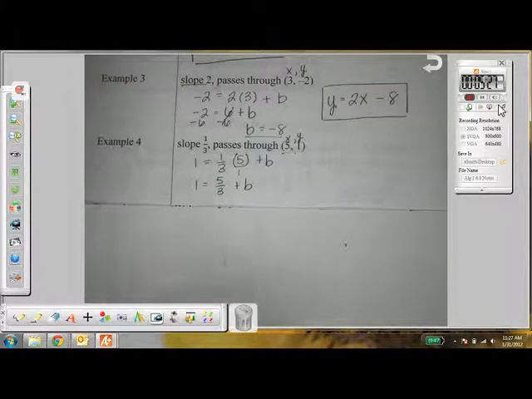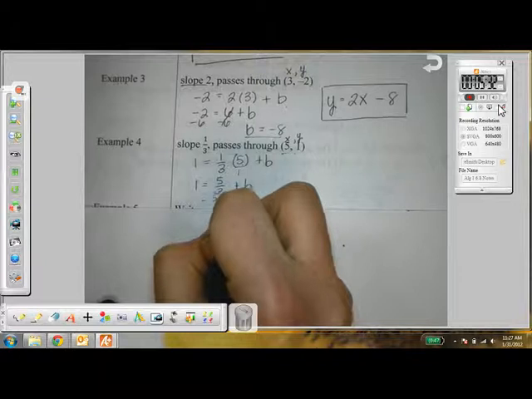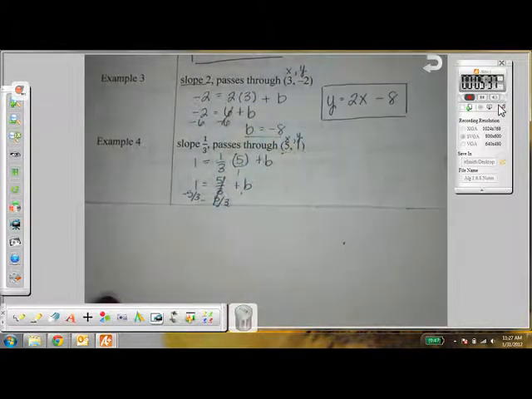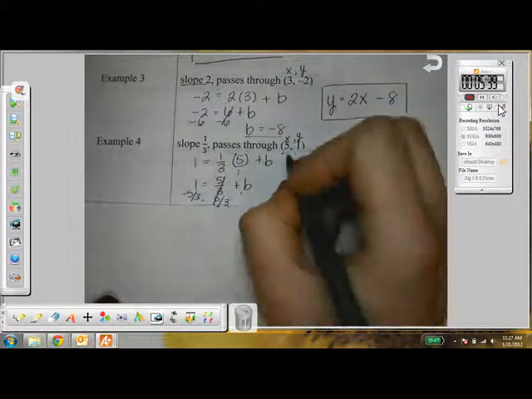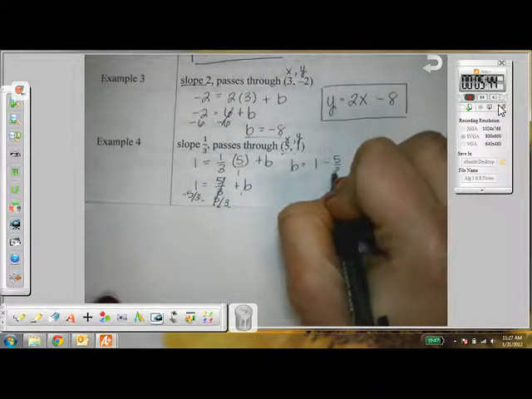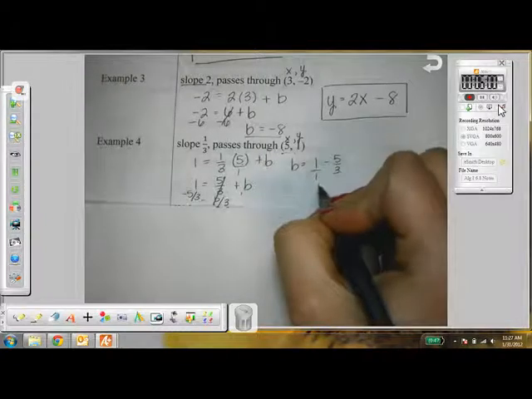Now, do I have b by itself? No, I have to subtract 5/3, because then these will cancel. So I have b equals 1 minus 5/3. Can I subtract those? Not yet, because I don't have a common denominator. This is the same as 1 over 1, right? What's the common denominator going to be? 3. So what do I need to do to get this to be a common denominator?